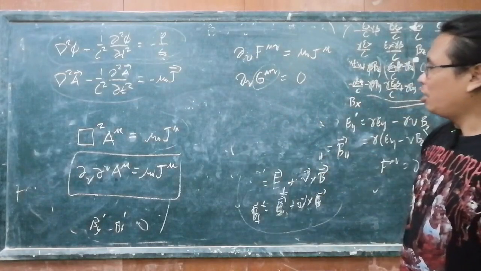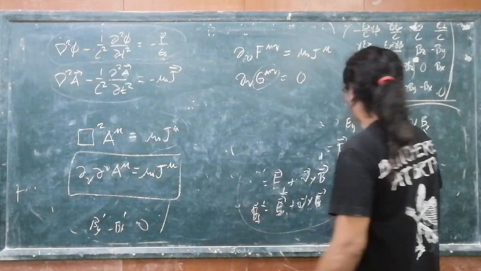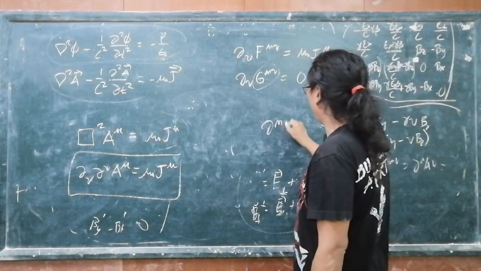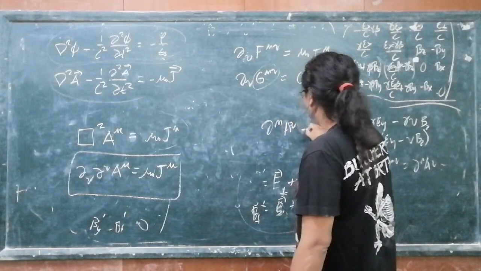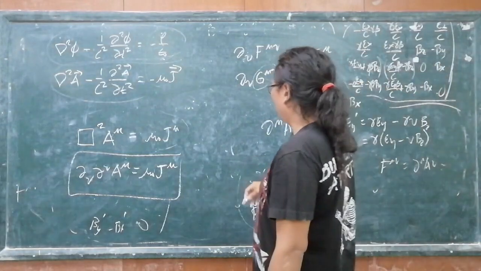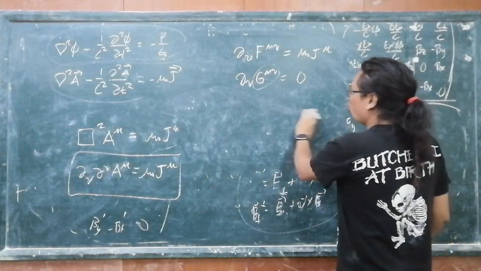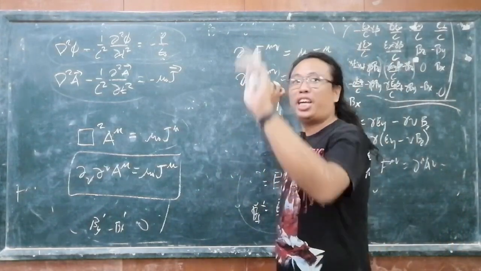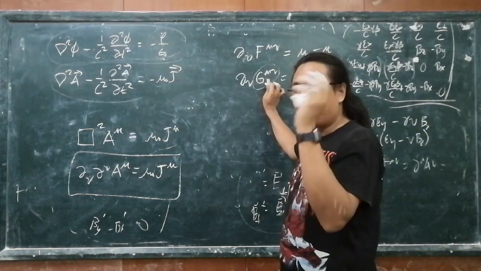Oh, that's not it. F mu nu is not this one, it is partial mu A nu minus partial nu A mu, right? That is F mu nu. Okay? Now, once you get F mu nu, you can get G mu nu by exchanging the E over c and B, and then B to E over c.